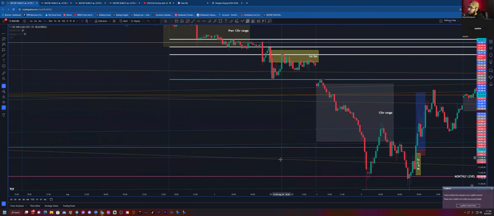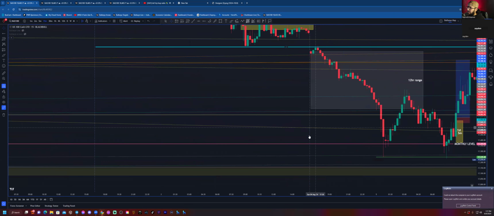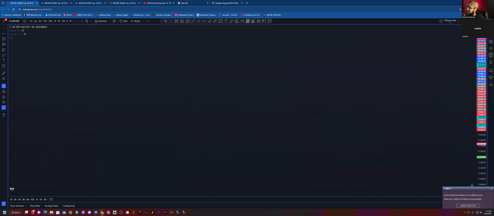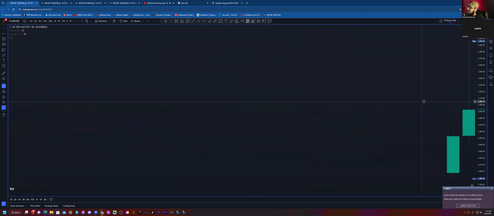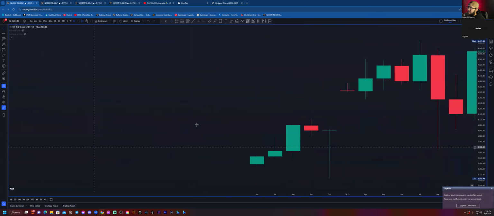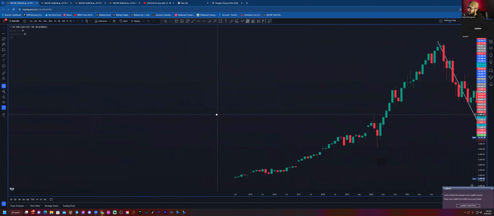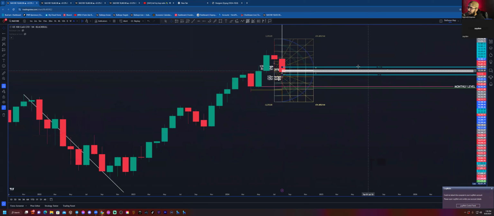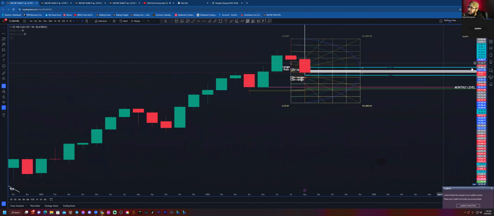I also want to be mindful that we just touched a monthly level. So all this is taking place, and we're keeping it in mind. We already know what's going to be required for us to take an entry, to take a sell or a buy, but we're just keeping these things in mind.